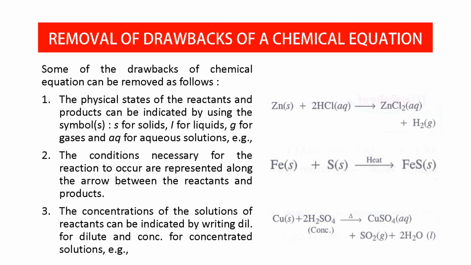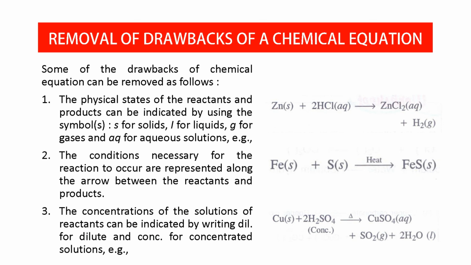It means we have taken concentrated H2SO4. So conc is the short form of concentrated. By seeing the reaction you can understand whether the solution is diluted or concentrated. So how can we make a dilute solution? When we add water to the solution, it will become dilute. It means the quantity of water is more in that solution, so the solution is diluted.